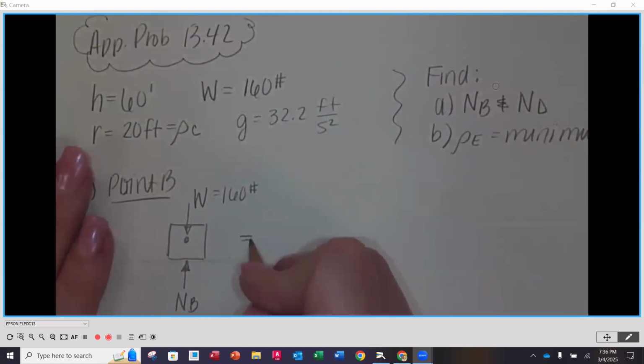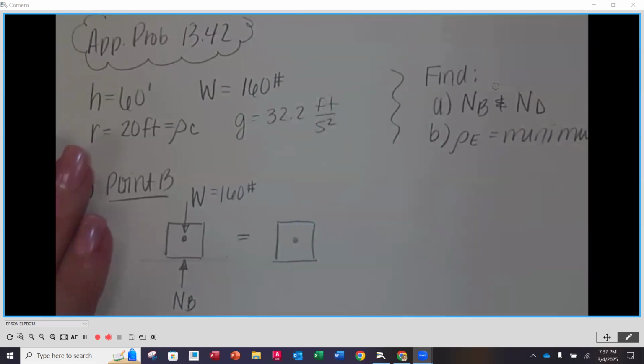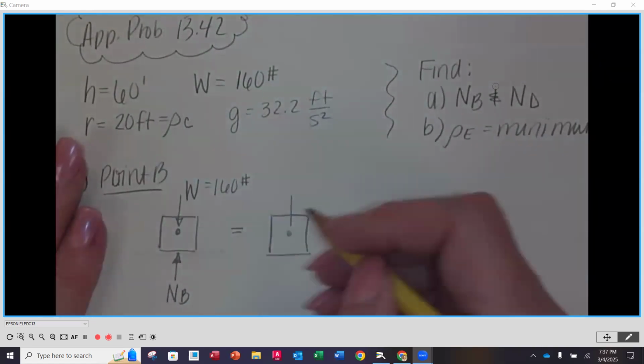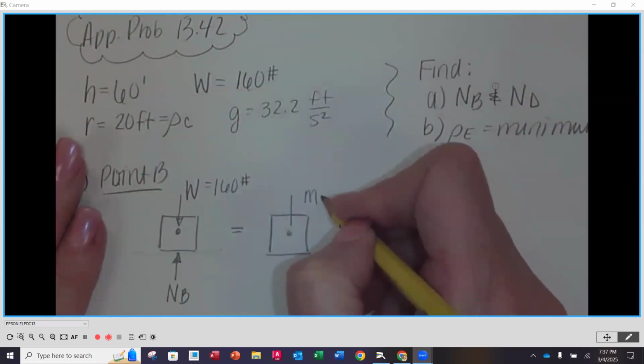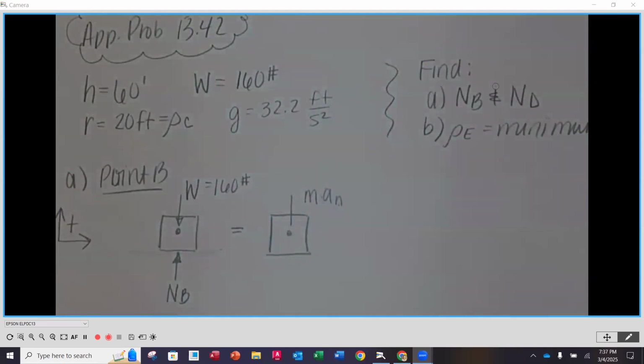And we're going to set that equal to, okay, our center here. And we know that this is going to have mass times acceleration. So it's going to be the mass times acceleration, and I'm going to put the N for the normal. Now, why is it the normal component of acceleration?